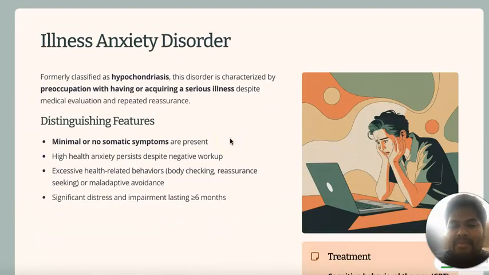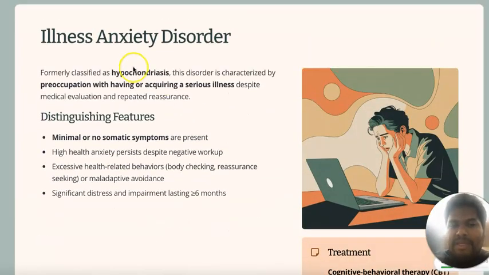Okay, now another topic will be illness anxiety disorder. Previously we used to call this hypochondriasis. It's a preoccupation with having or acquiring a serious illness. In this condition the patient will not have any somatic symptoms.